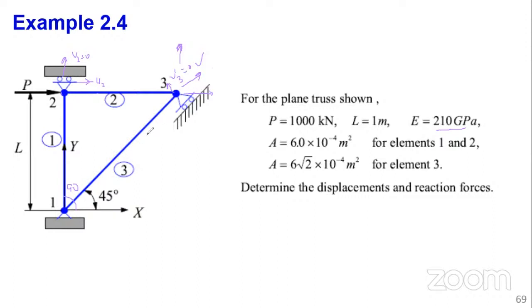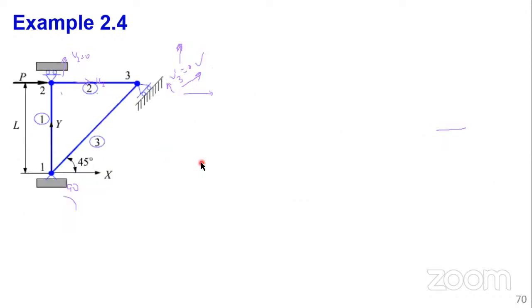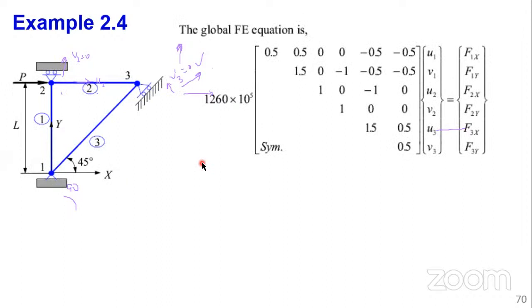And for element 3, we move from the lower node 1 to the higher node 3, so theta is equal to 45. With that, you just need to take the equation for the global stiffness matrix, plug in the direction cosines, and come up with the stiffness matrix for each of the elements, which is something I found quite easy for you to attempt.